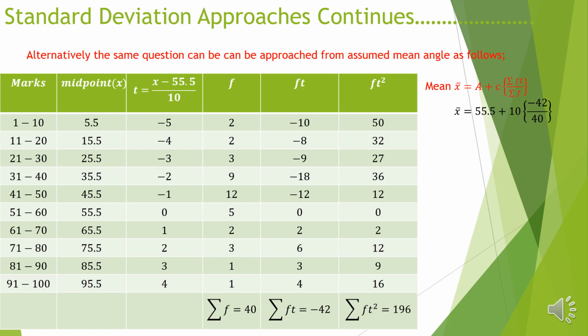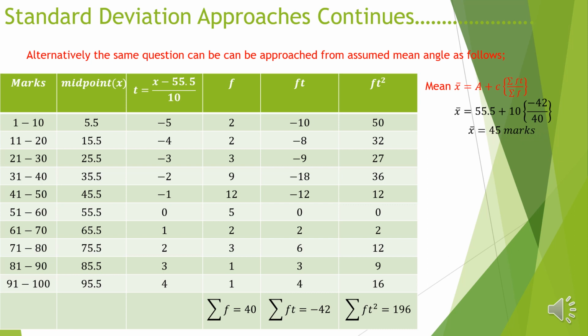We are going to see that x bar equals 55.5, which is the assumed mean, plus c, 10, times the summation of ft here, over the summation of f here. So I'll only substitute those values, negative 42 over 40. Then I'll simplify this, and by simplifying, again I'm getting my mean to be 45 marks. You see, the numbers are smaller, but the same solutions are gotten.